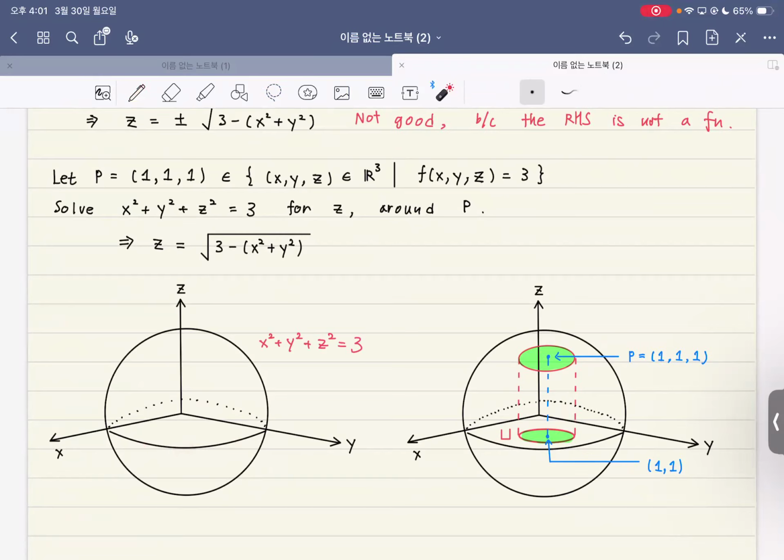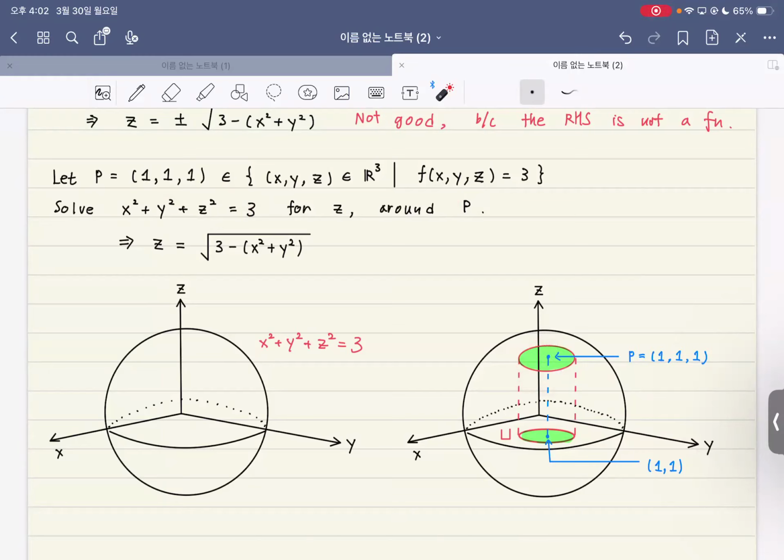But here we want to solve this equation around P. P is a point on it; say this is our point P. Then around this point, you can find some open neighborhood of P, and the intersection of this open neighborhood of P and this level set would be some patch of this graph, right?